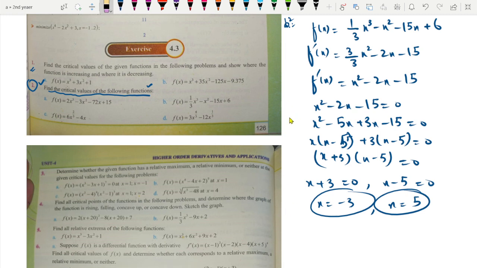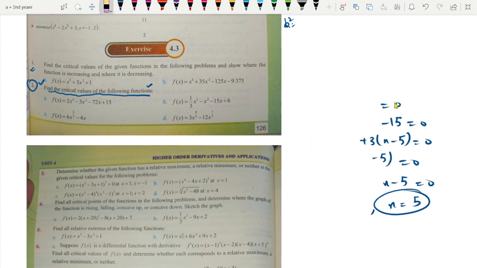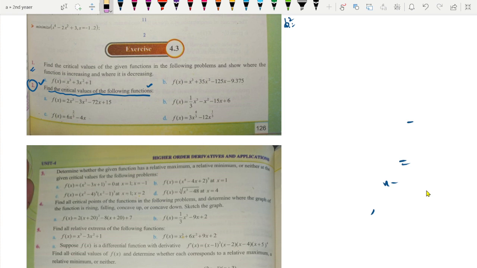Similarly, part 3 of question number 2. C part of question number 2, f of x is equal to 6x^(2/3) minus 4x.